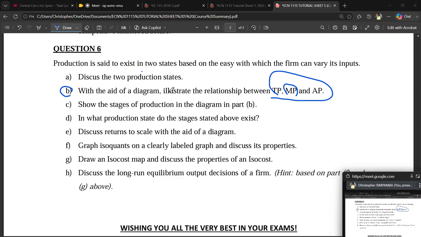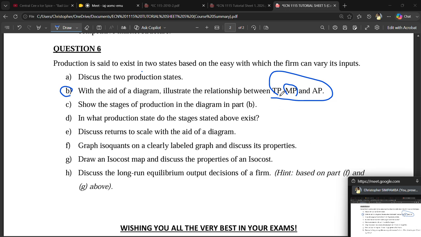So the answer for A was the short run and the long run. Now we're saying that the relationship between marginal product and total product, and the relationship between marginal product and average product, are the ones we're going to consider.